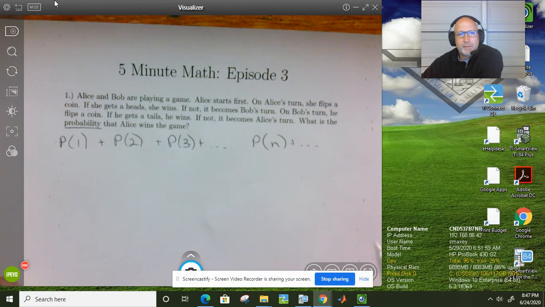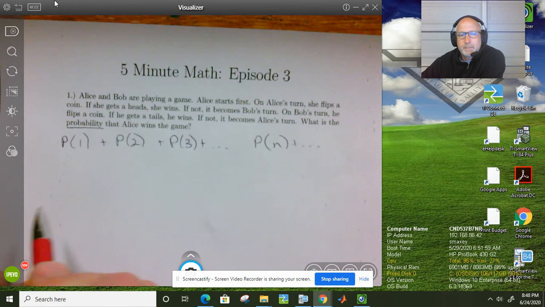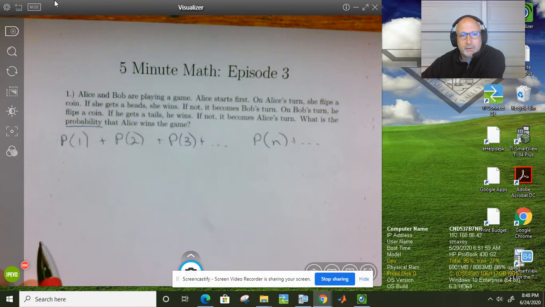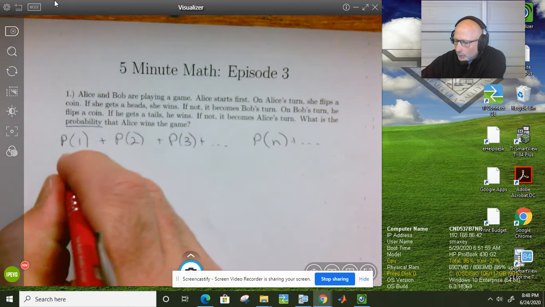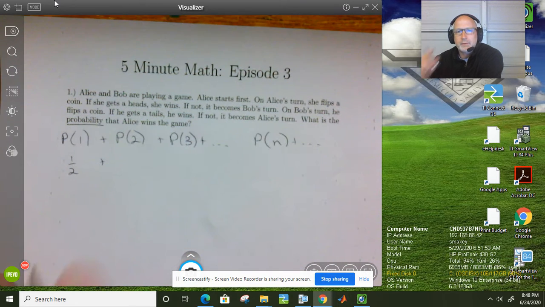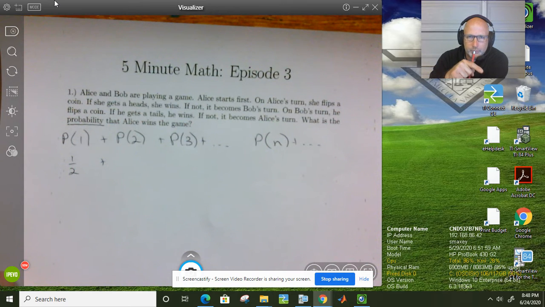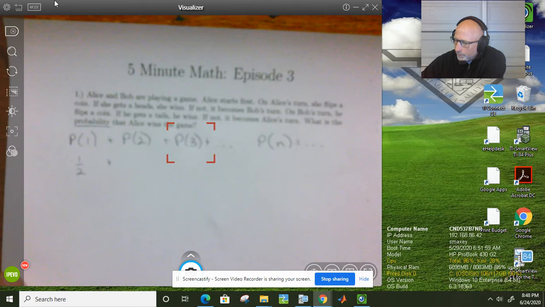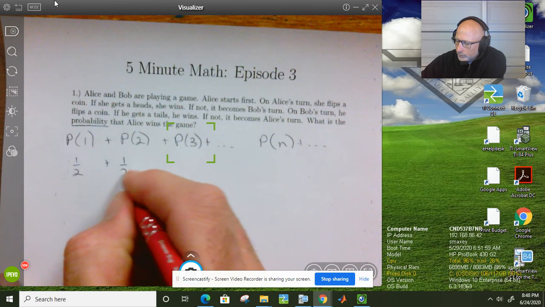So how do we find this? Let's find the probability that she wins. The probability that she gets heads on the first try is just 1/2. Now, if she's going to win on the second turn, that means she has to lose, Bob has to lose, and then she has to win.